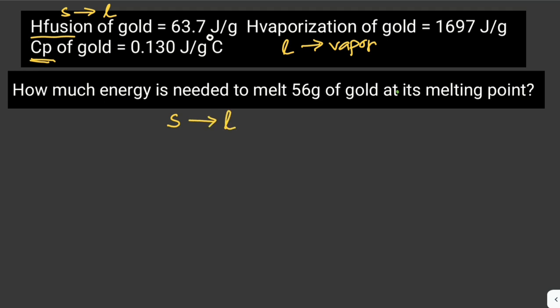Therefore, we use the value of the heat of fusion of gold. Now to solve this, we use the formula for the energy, which is equal to Q. Q equals the latent heat of fusion, or the heat of fusion, times the mass.